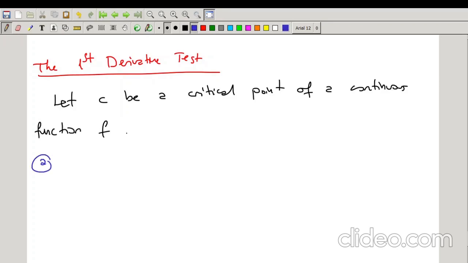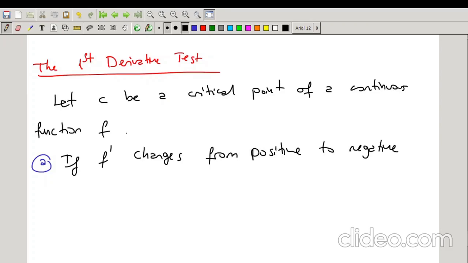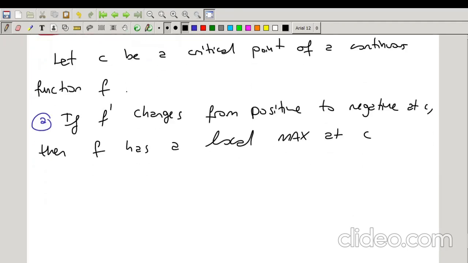A, if f prime changes from positive to negative, it means the sign of f prime at point c, then f has a local maximum at c. It is easy if you sketch the table of the function f in the following form.